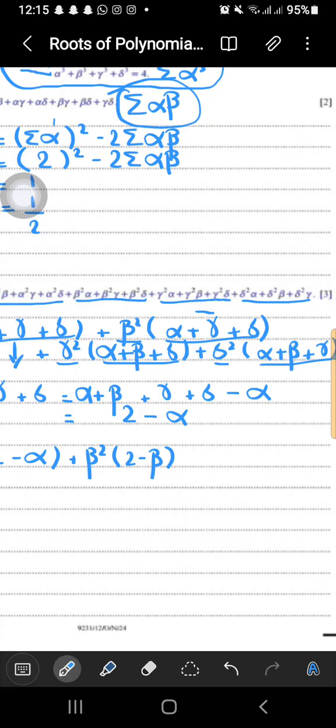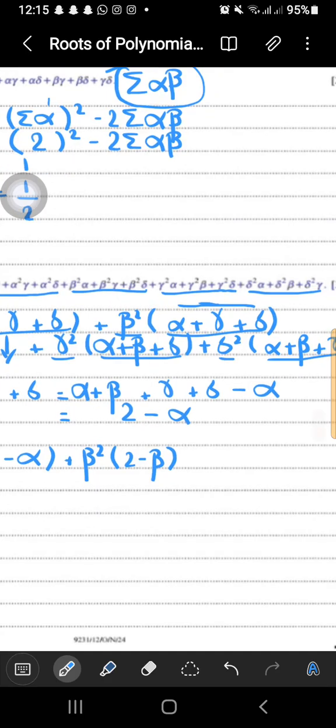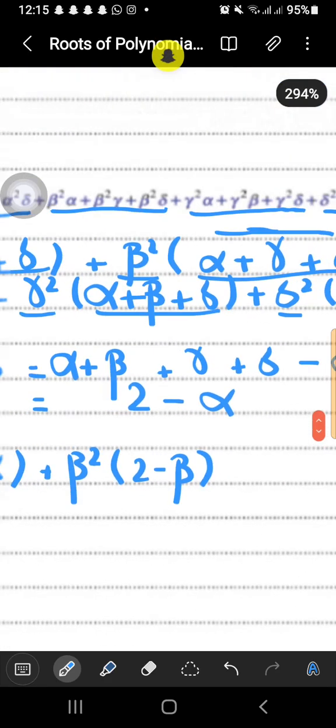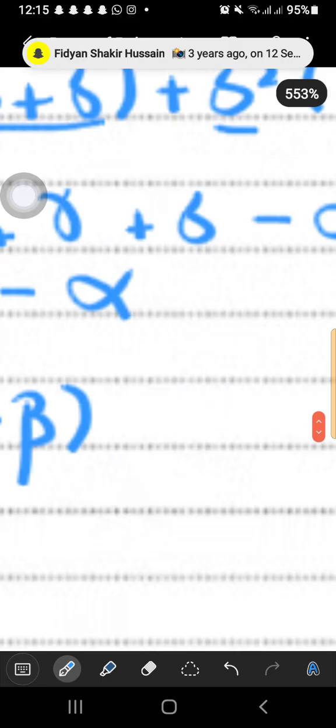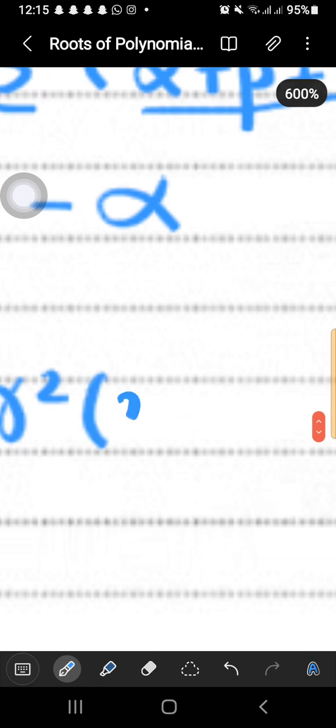The beta which is getting added makes the total 2, and the beta which is getting subtracted will remain here. Then plus gamma square times 2 minus gamma, same thing, and then plus delta square times 2 minus delta.